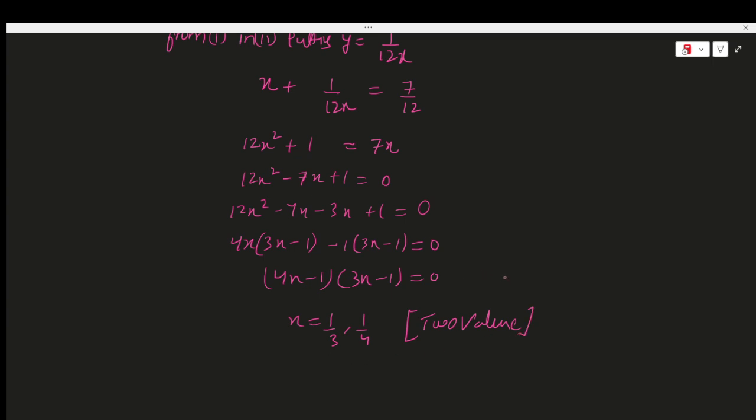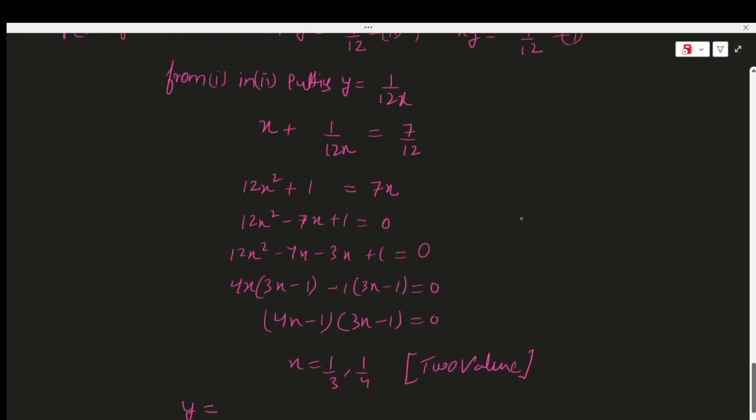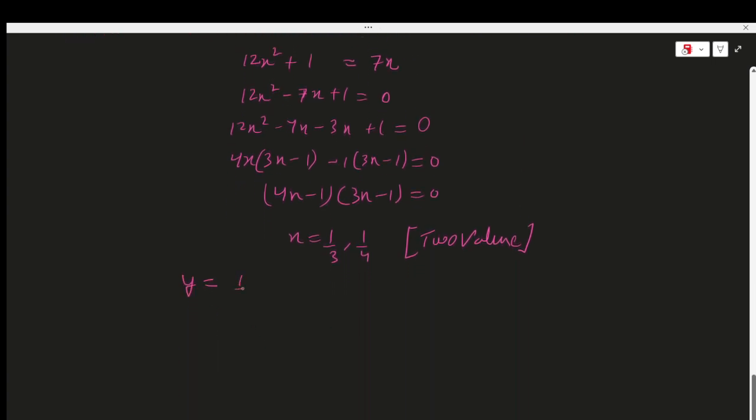We can take any one of them and calculate y. Y is 1 by 12x. So if x equals 1 by 3, y is equal to 1 by 4.